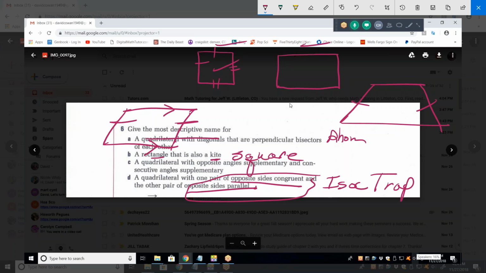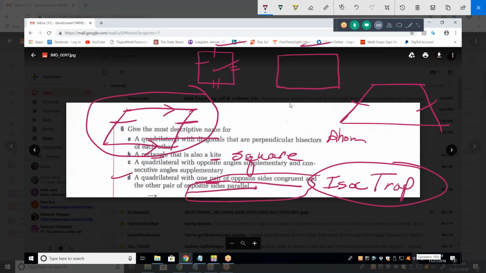So technically, it does say one pair. It doesn't say one pair only, but I think that's what they mean. If I were to take a parallelogram, it's got two sides that are congruent, both opposite sides, and both opposite sides are parallel. So the wording here is a bit ambiguous. One could make an argument that that is also a parallelogram, but I think they're looking for isosceles trapezoid.